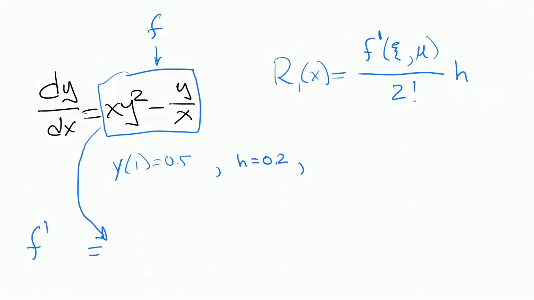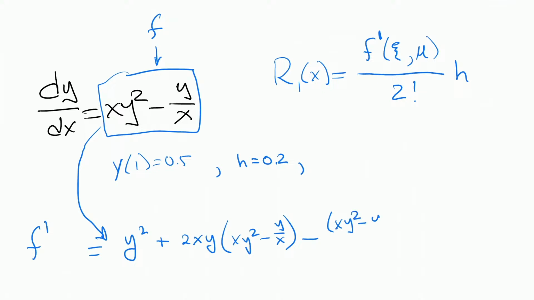So what we got here is y squared plus 2xy times y prime, and y prime is this. And then we're going to subtract off y prime over x. So give me a sec here.